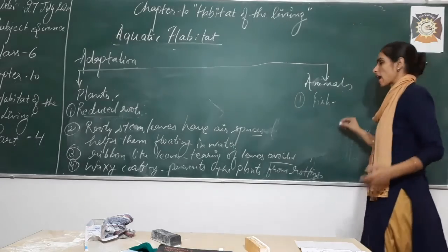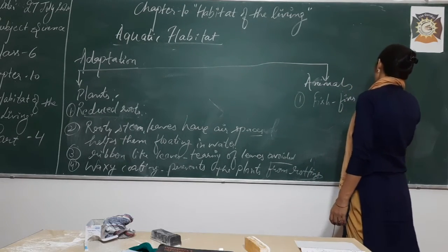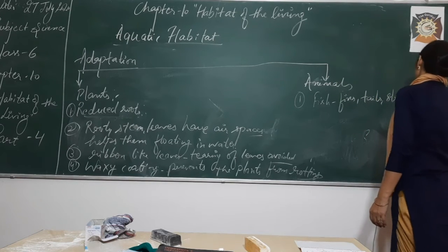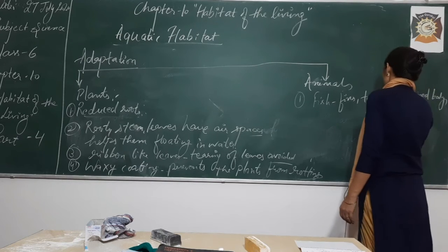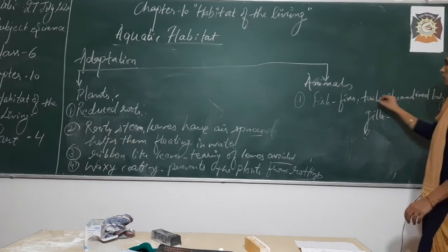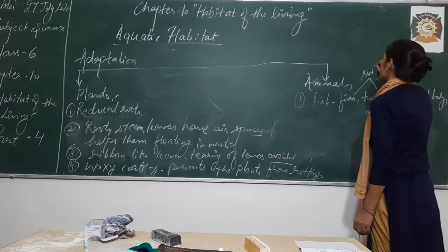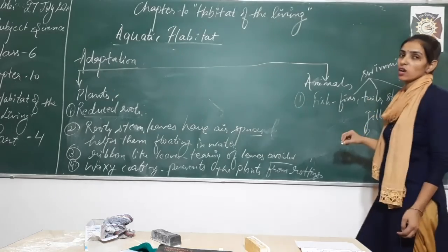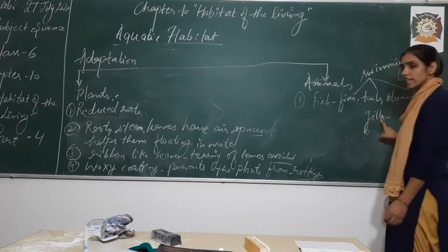They have fins, tail, streamlined body, and gills. So fish tail and streamlined body, all these features help them in swimming, because of which they can swim easily under water. And animals like fish have gills too.